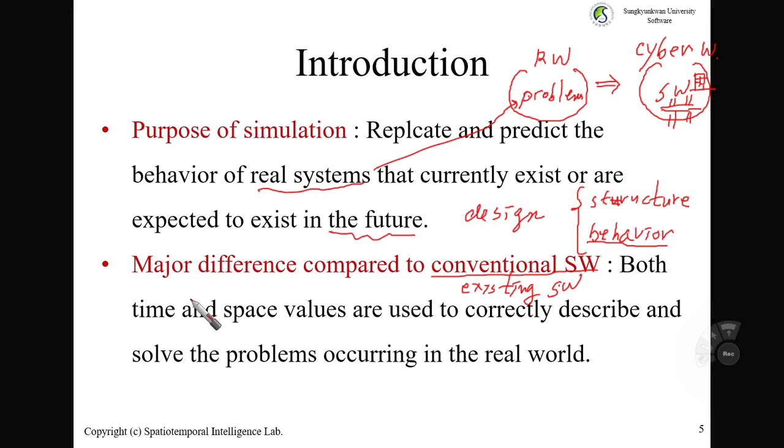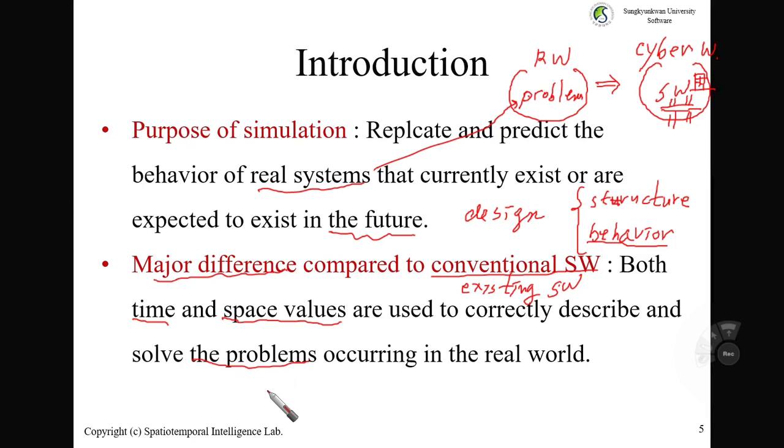So what is the major difference? The difference is described here. In simulation software, both time and space values are used to correctly describe and solve the problems occurring in the real world. And the problem is what?